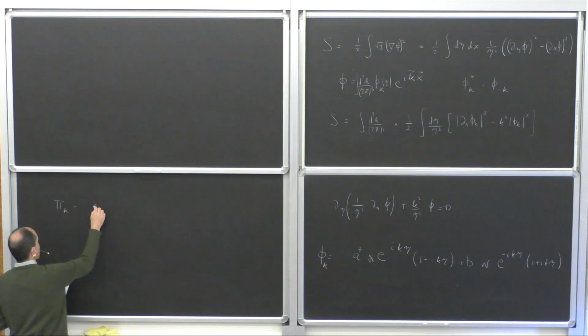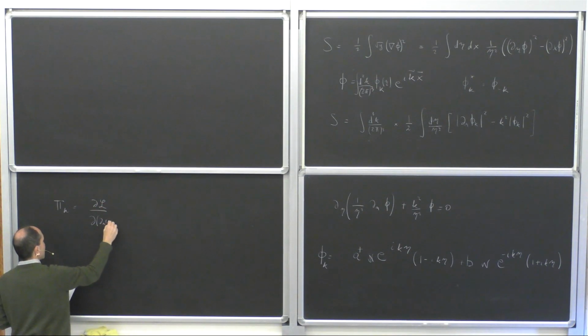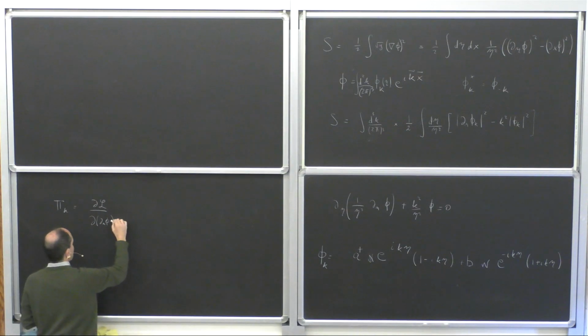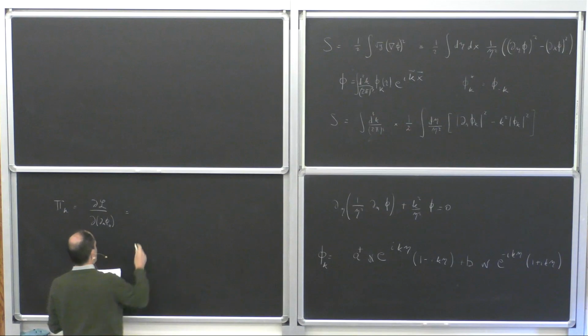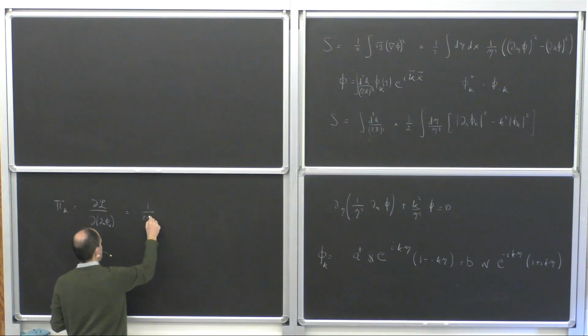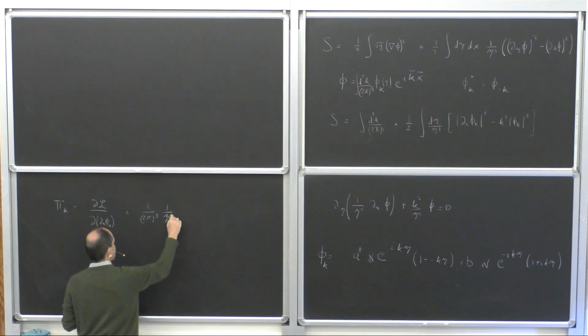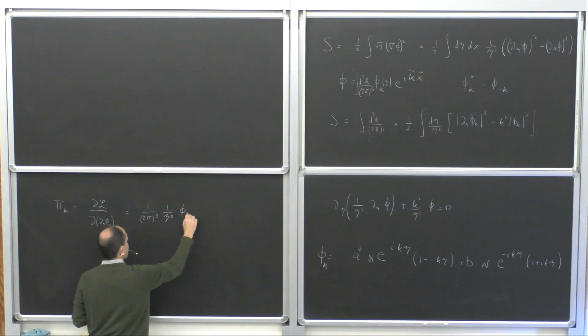So this is dL over d of d eta of phi k, and this is just simply, so there will be a 1 over 2 pi cubed, 1 over eta squared, phi k prime, okay?